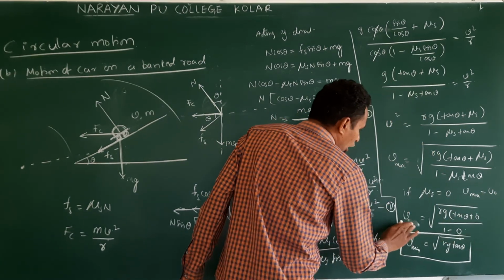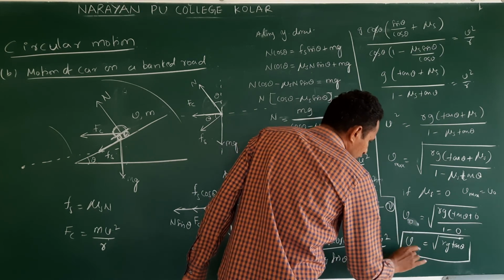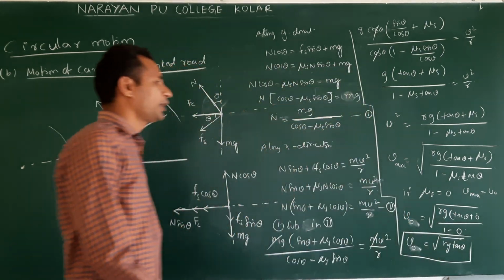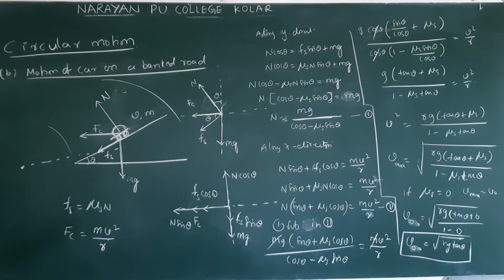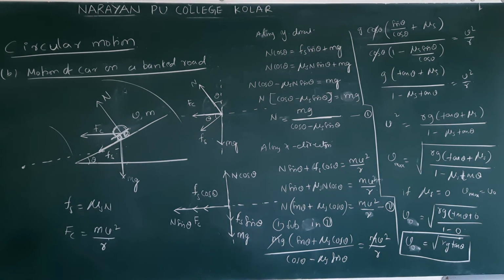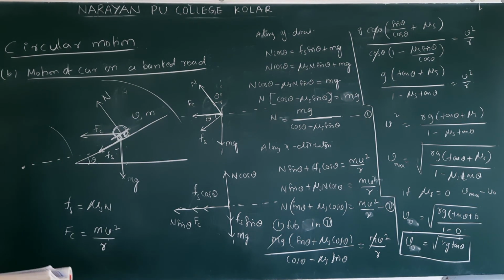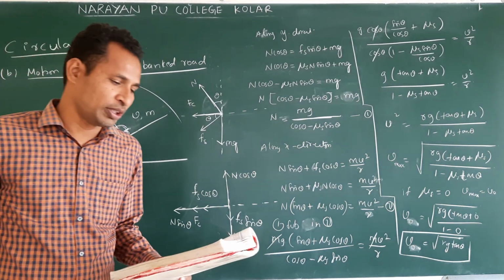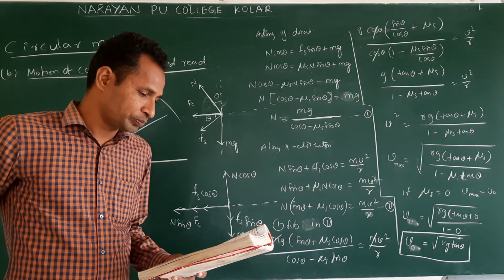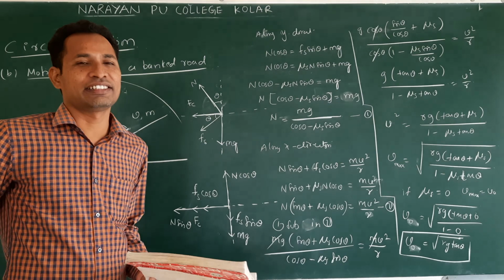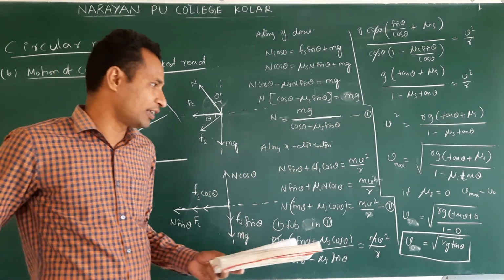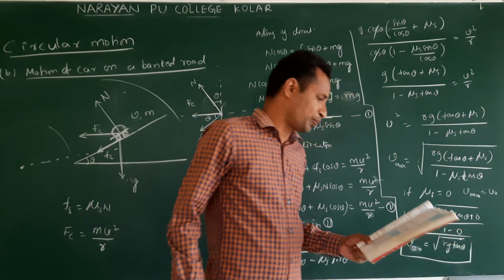This we call the optimum speed. At optimum speed, what happened? No friction is required to provide the necessary centripetal force. But there is a problem. We have wear and tear. There is some damage that will occur when we move with that speed.